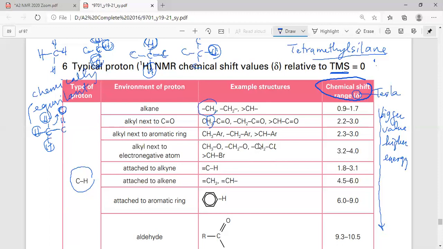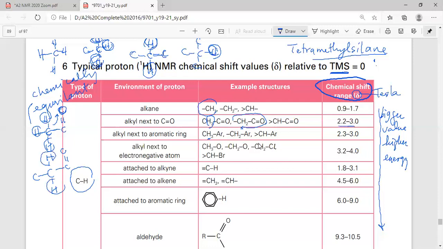You can see the value going up. So this is all about the hydrogen. Here is the CH next to a carbonyl compound, and then to another carbon, so these two hydrogens can have these kinds of values.